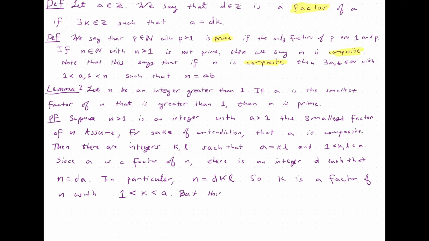But this contradicts our assumption that a is the smallest factor of n that is greater than 1.